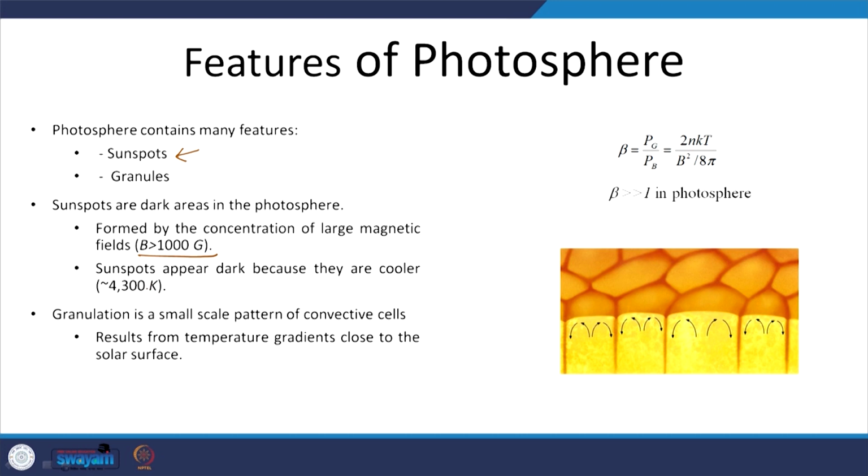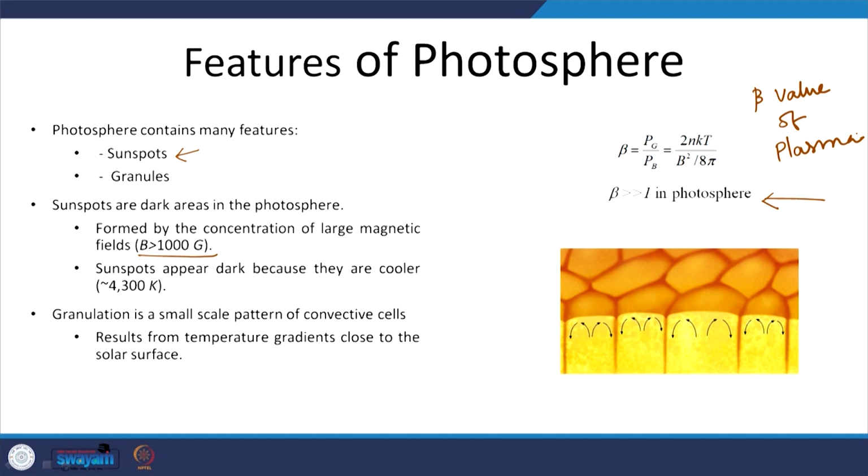Okay. Now, here one important parameter that you may want to remember is that, since the sun is a plasma object, you define a parameter called the beta, which is called the beta value of plasma.